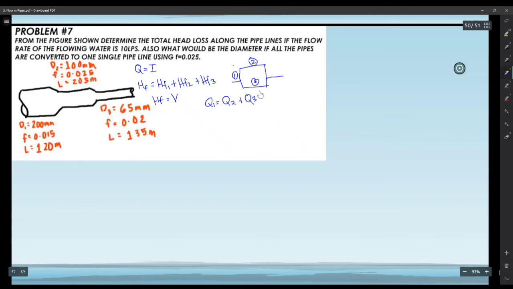Okay? So, the current in 1, if this is current, is equal to the sum of the current in section 2 and section 3, or in pipe 2 and pipe 3.